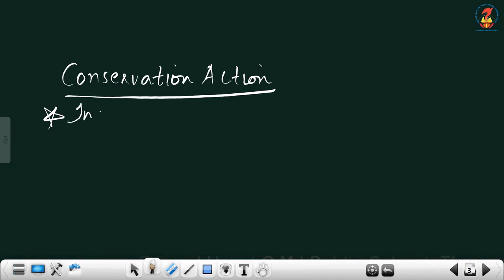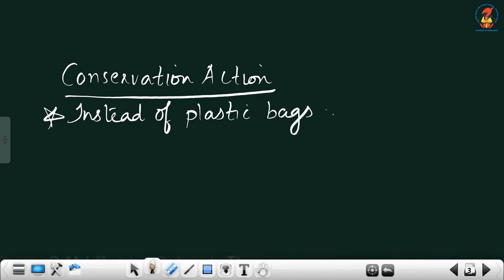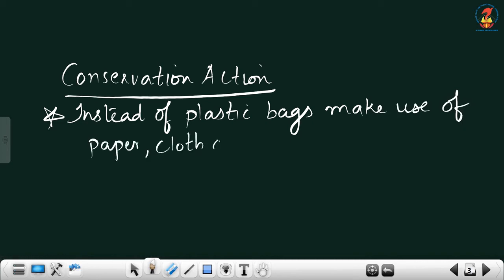Instead of plastic bags, make use of paper, cloth or jute bags for shopping.